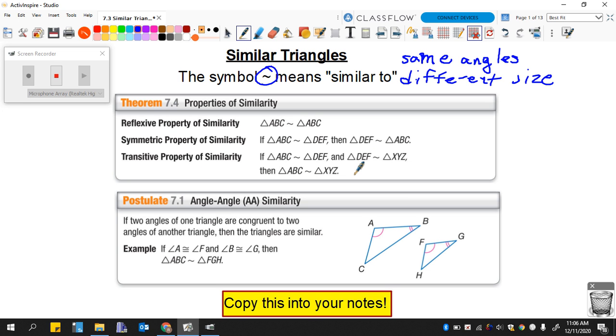The one postulate that is different than for congruence is the angle-angle postulate for similarity, which basically says that if you have two angles that are congruent in both triangles, then the triangles are similar, because if two angles are the same, the third angle is also going to be the same.